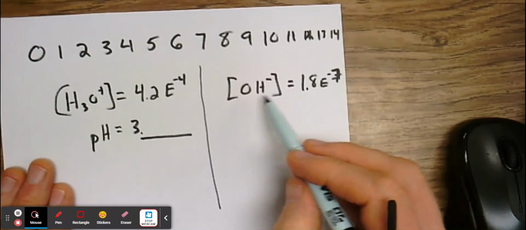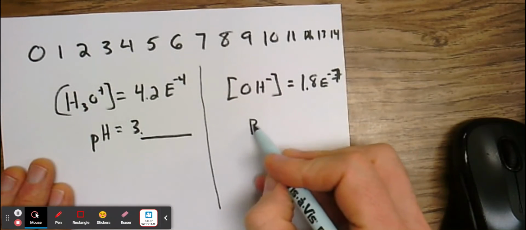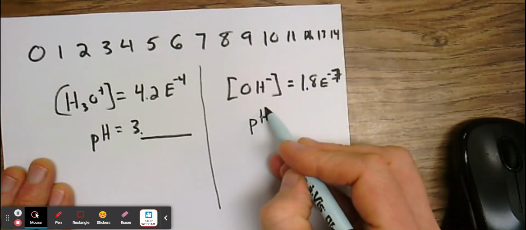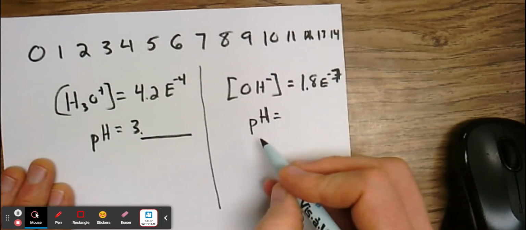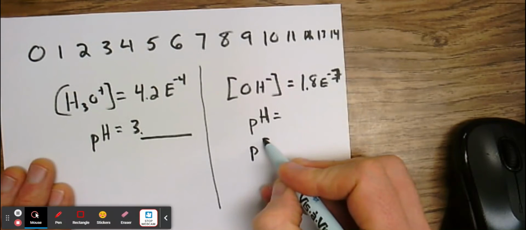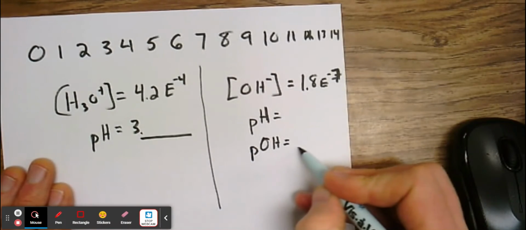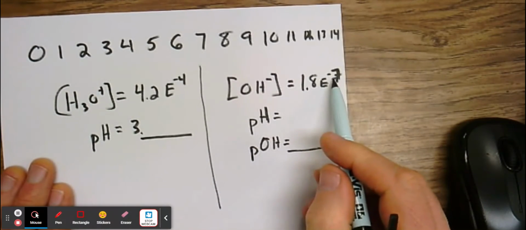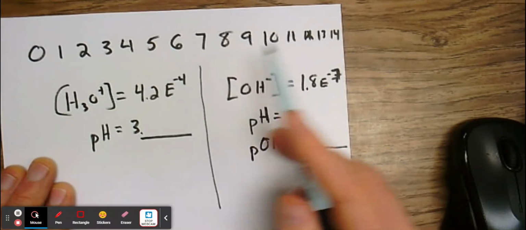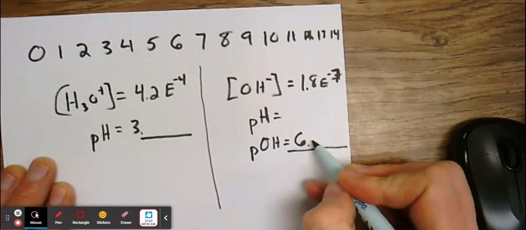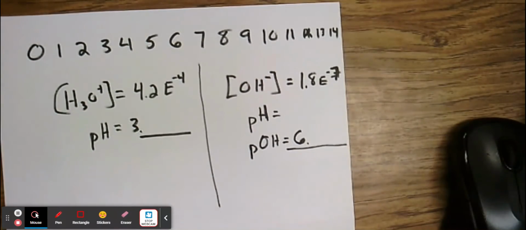And here I've got my hydroxide concentration, and I want to know my pH. How am I going to get it? I can't go straight through there. I have to get it through my pOH. The 7 puts me here, but then I've got this, so it should be 6 point something. Now let's do this on a calculator.